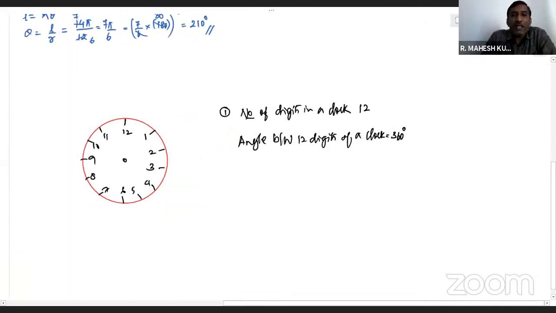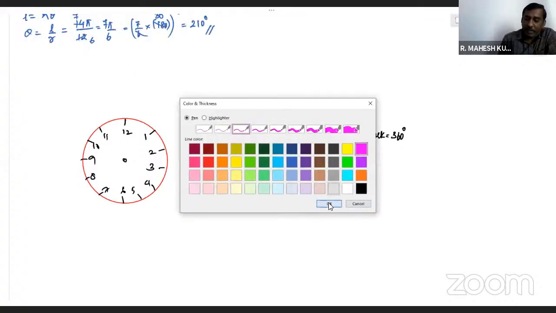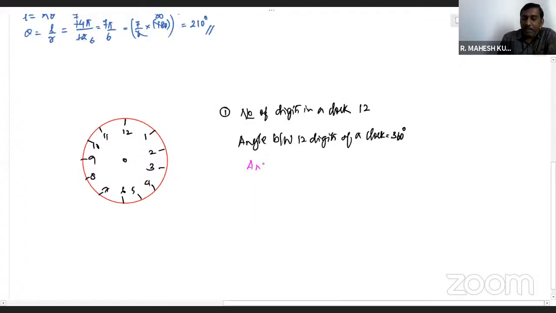Now if you want to find the angle between two consecutive digits of a clock, you need to remember this. The angle between two consecutive digits of a clock is equal to 360 degrees divided by 12, right?